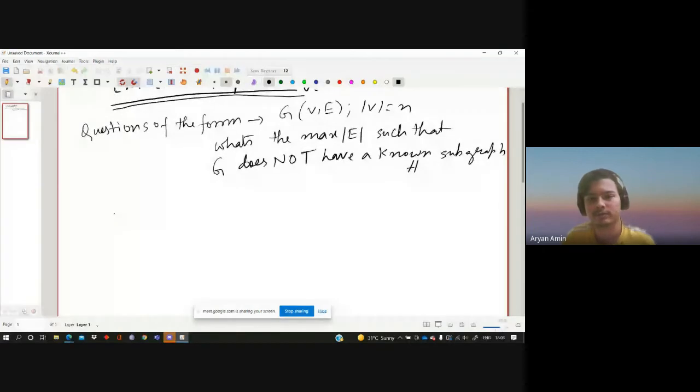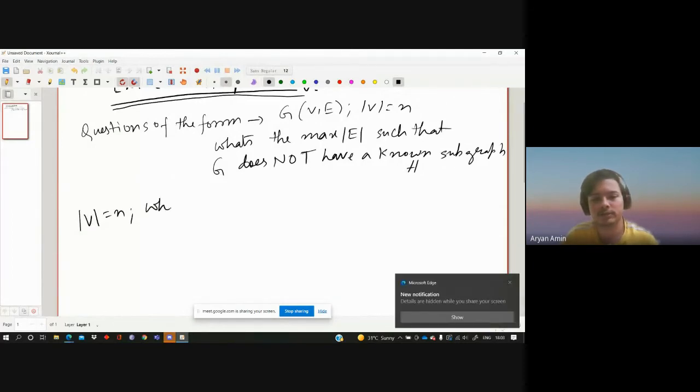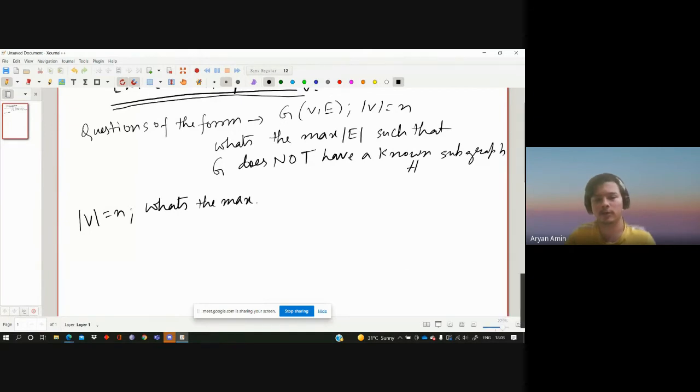Suppose, for example, I ask you: you are given a graph with n vertices, what's the maximal number of edges you can have to avoid a cycle? That would be just n minus 1 edges, right?